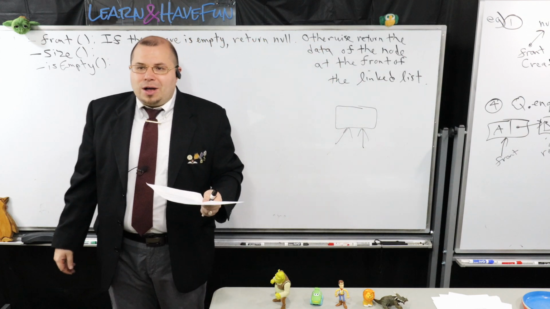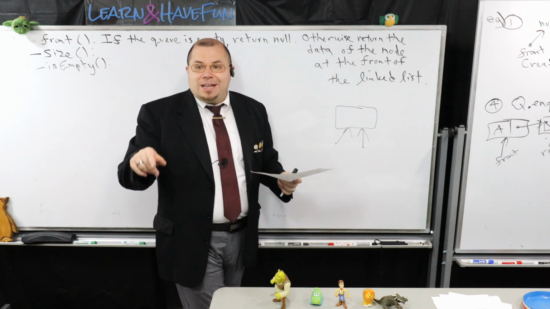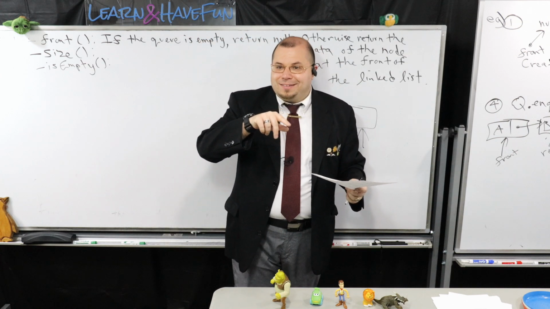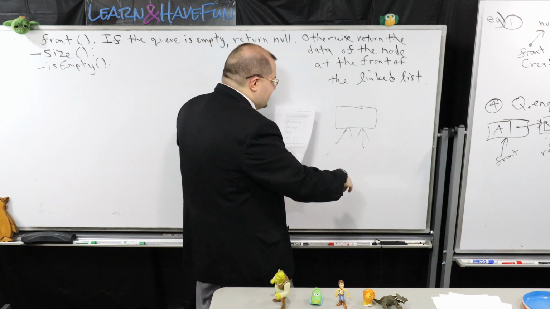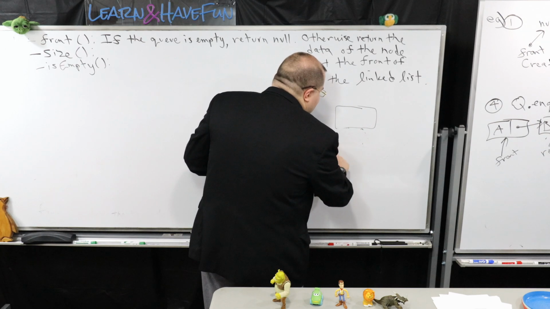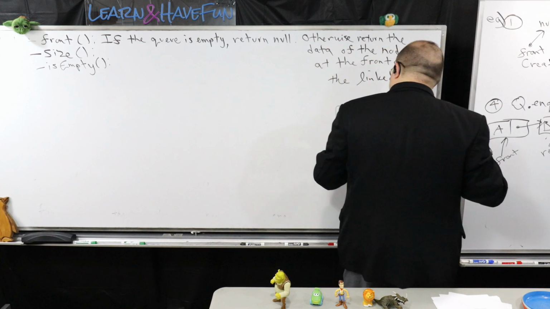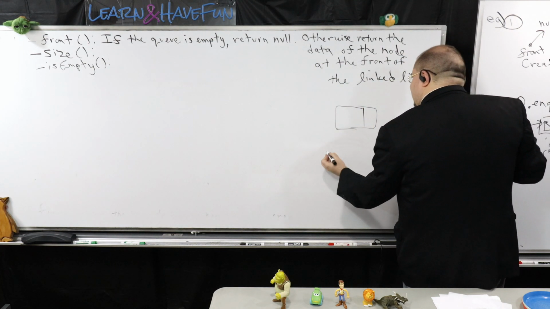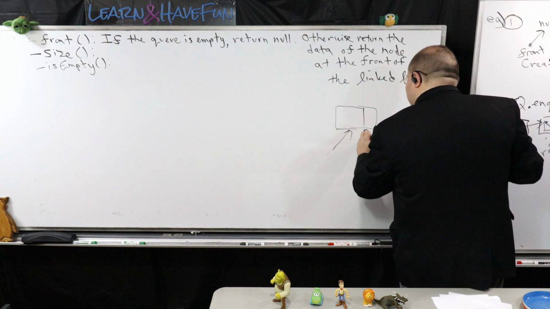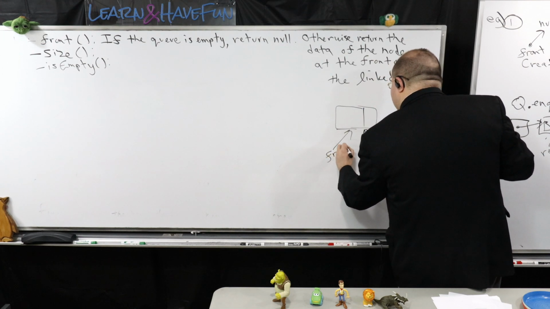So just keep in mind that you have to be very careful to update the front and the rear. This is one common implementation issue. You have the front and the rear, and at this stage they're both pointing at the same node.